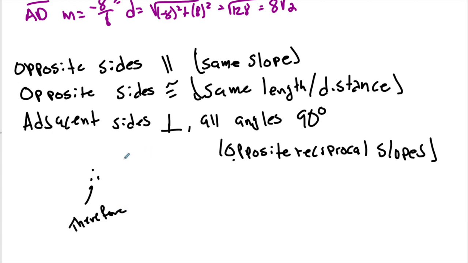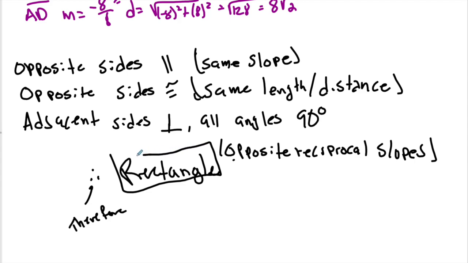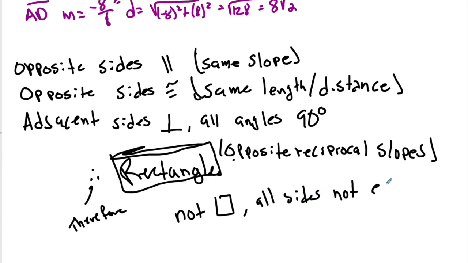Okay, so you have your evidence, and then your conclusion is, and these dots just mean therefore, therefore, shape is a rectangle. Okay? And if you want to, you could say it's not a square. All sides not equal.